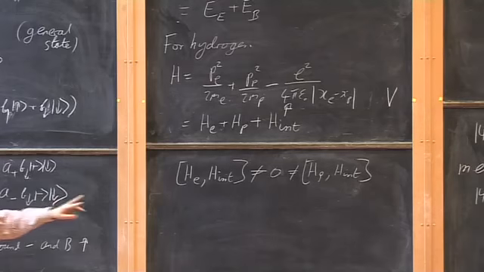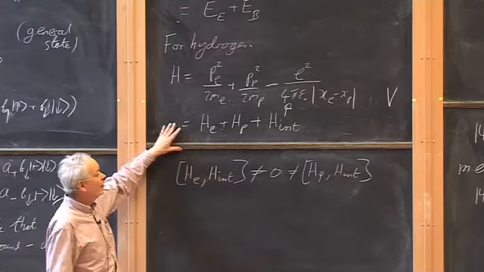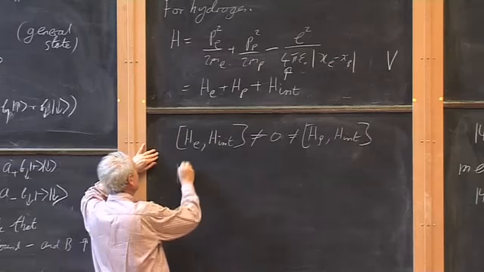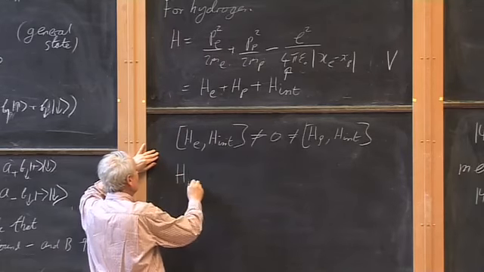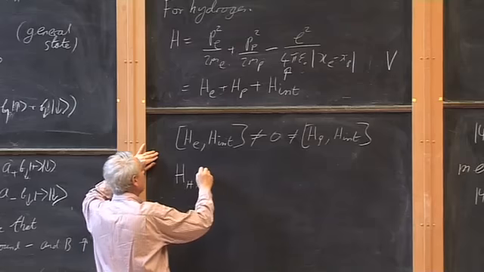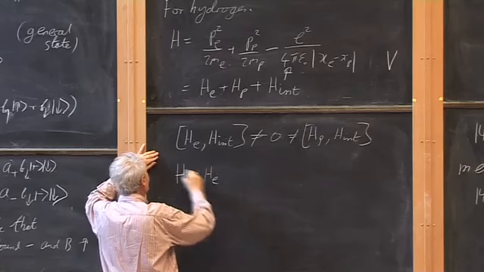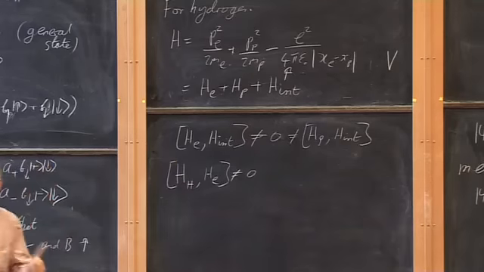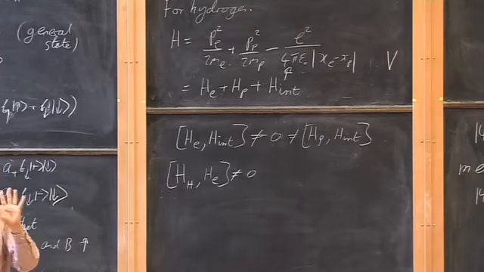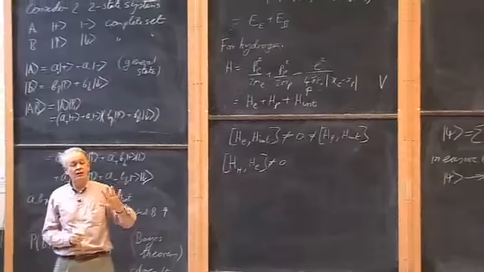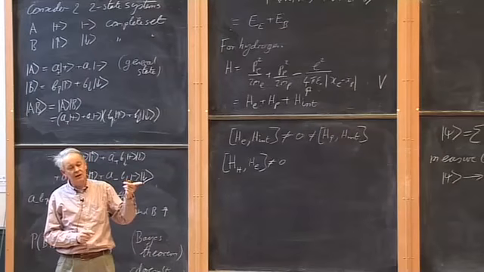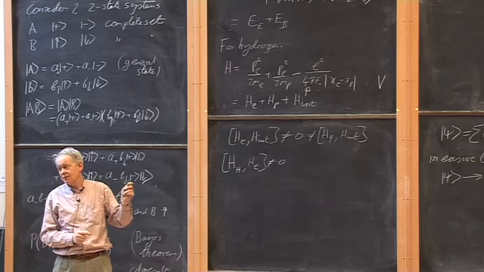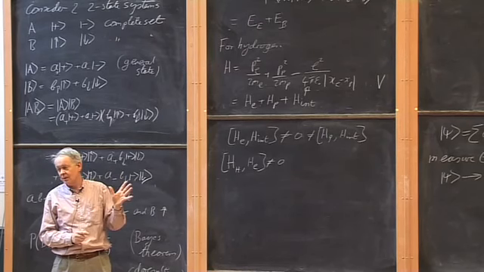So the important point is that the Hamiltonian of the hydrogen atom does not commute with the Hamiltonians of the electron and the proton. You cannot know the energy, so generically you do not expect to be able to know the energy of the hydrogen atom if you know the energy of the electron, because they don't commute. And it's the interaction that stops them commuting.